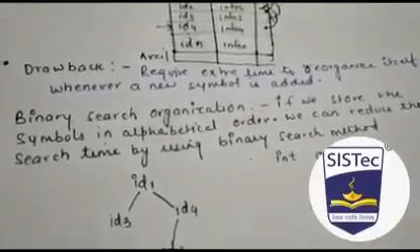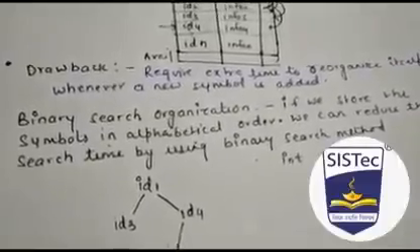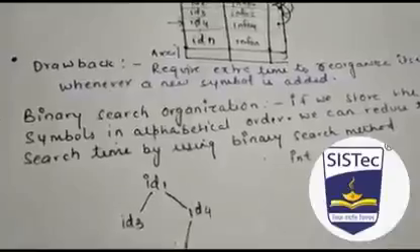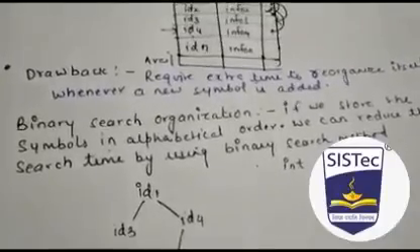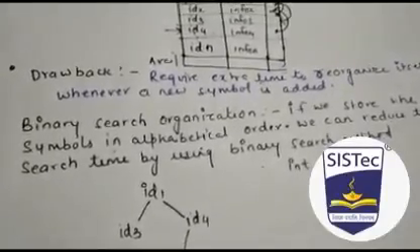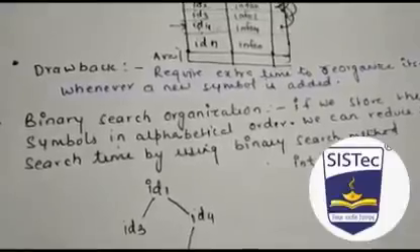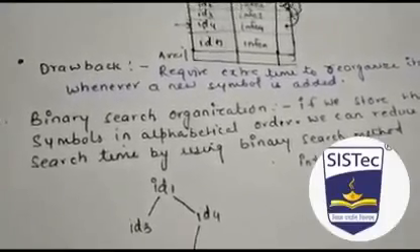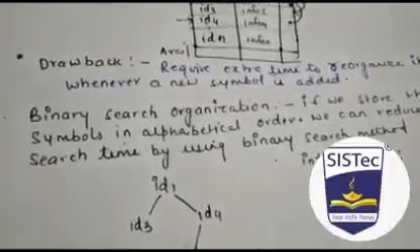Normally the insertion of a symbol in this search method is the same as insertion in a binary search tree, meaning the symbol greater than the root is placed on the right-hand side and the smaller symbol will be placed on the left-hand side.